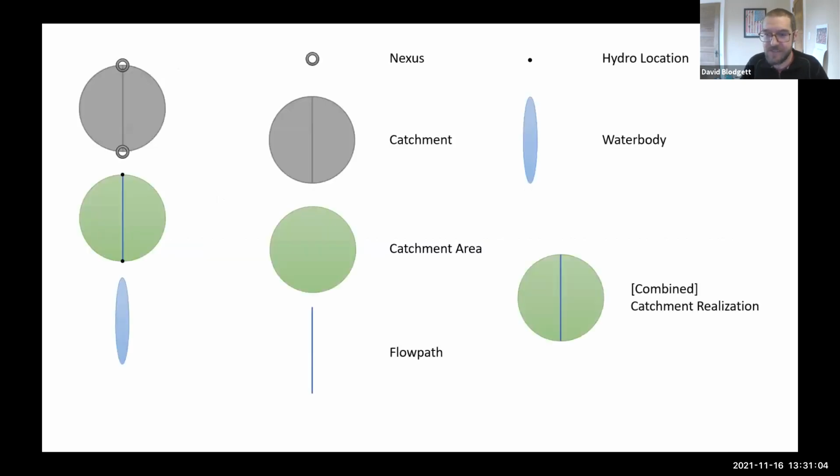Okay, so I've worked up this little pictogram representation that I like to come back to every once in a while just to remind myself how core these concepts are. But this idea that there's a holistic thing called a catchment that connects to the rest of the world via nexuses. Hydrolocations can be the link to connect a nexus to a particular flow path in a particular data set.